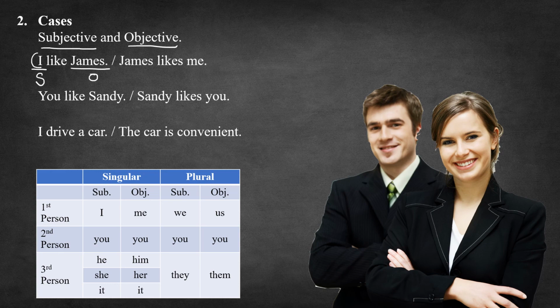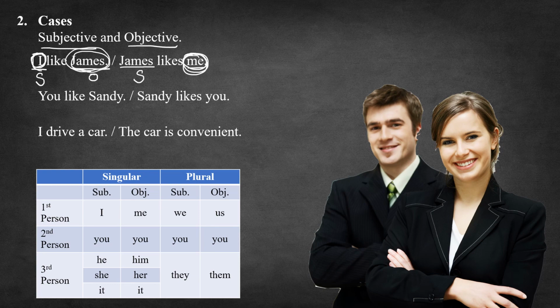So this is in subjective case and this is in objective case. In this sentence, James is the subject. And now I am object, so I don't use I, but me. I like James. James likes me. So this is subjective and this is objective.